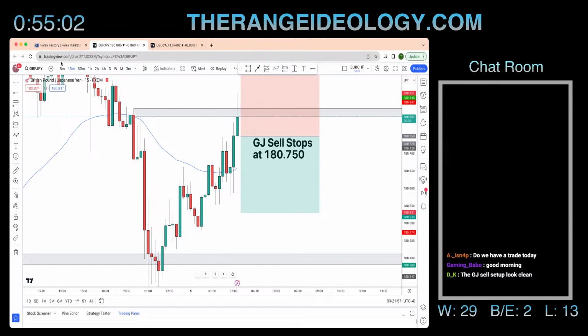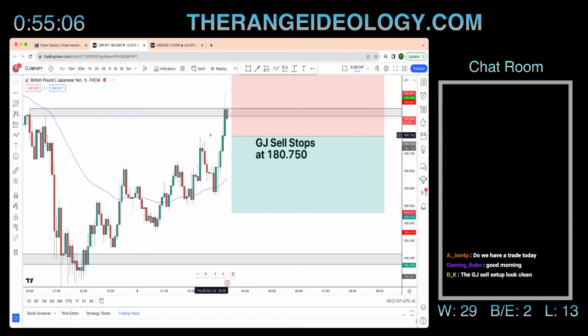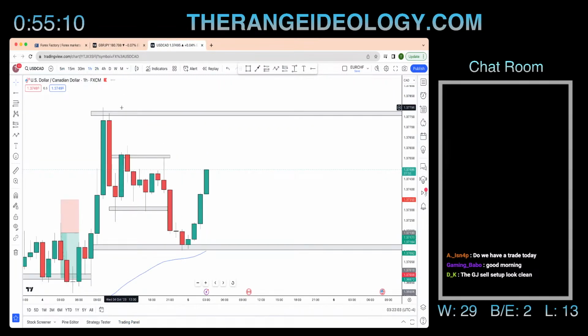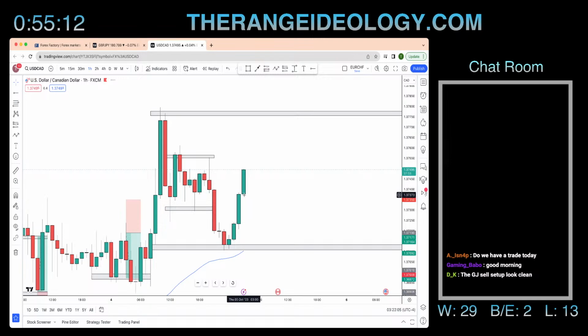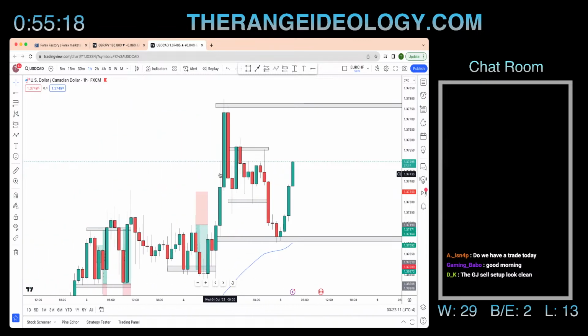All right, just about 5 pips away from being activated here. And look at USD CAD here. So no wick on the bottom end of this current candle, which is the London opening candle, and it just continues to push.